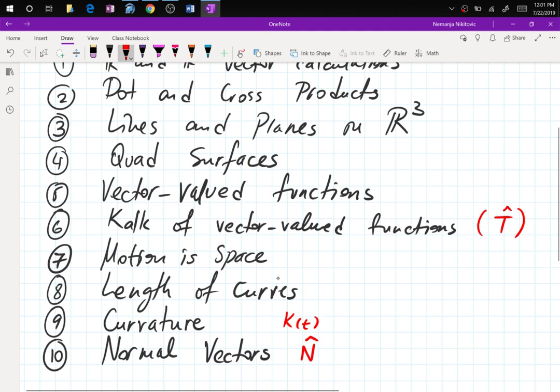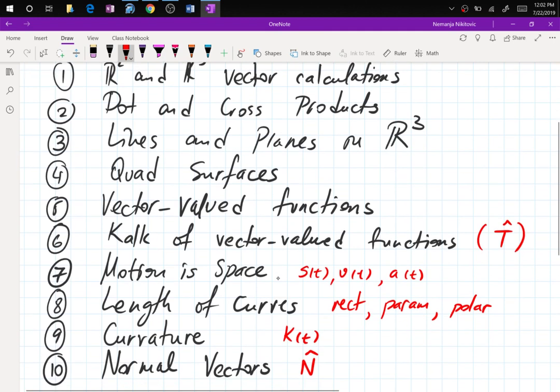For length of curves, we have rectangular, parametric, and polar, three forms. Motion in space is just s of t, v of t, a of t. For vector valued functions, there's just r of t as a vector.